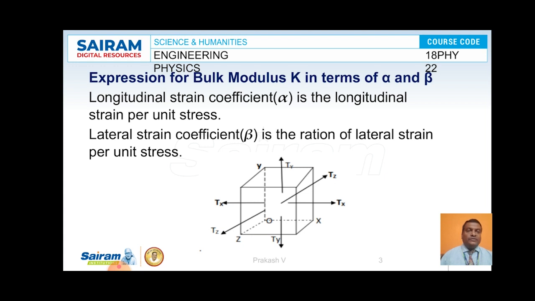And because of the force Tz, there will be an increase in length along the z direction, and parallelly contraction is going to happen along the x as well as y directions. So in order to calculate the change in volume of this material, let us look at the further equations.